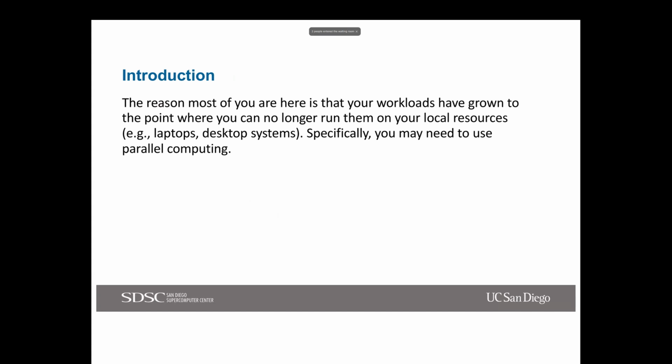Okay, so parallel computing concepts. The reason that you might start using high performance computing resources for your research is that your local computing resources, such as your laptop or desktop systems you might have in the lab, are running out of the computing power for the types of problems that you need to solve.